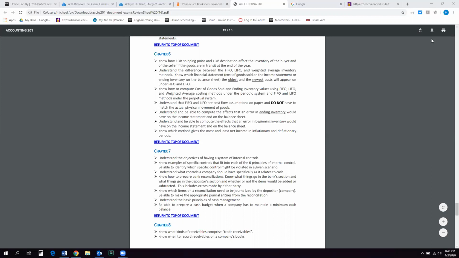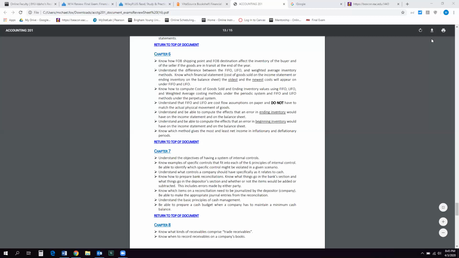So here you're just supposed to recognize that FOB shipping point means that the goods leave the seller's inventory and become part of the buyer's inventory as soon as they're loaded on the truck at the shipping point, so at the seller's location, as opposed to FOB destination, where the goods remain part of the seller's inventory for the whole time they're in shipment until they get to the buyer, at which point they transfer over to the buyer's inventory and leave the seller's inventory.